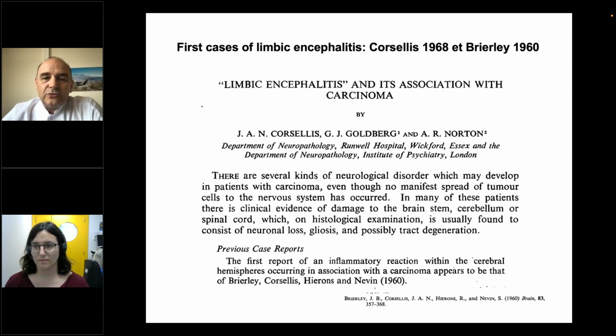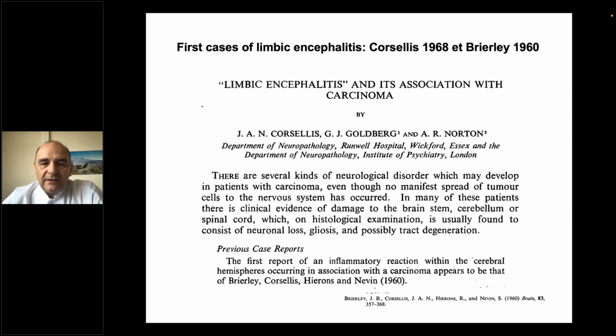It was lung cancer in most of the patients, present at the same time as the limbic encephalitis. And so they described paraneoplastic limbic encephalitis.